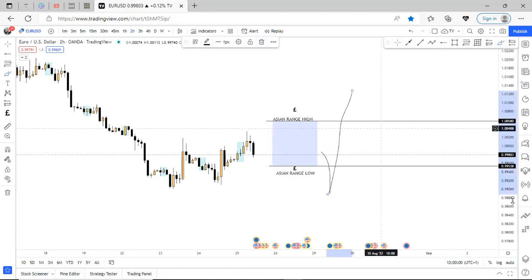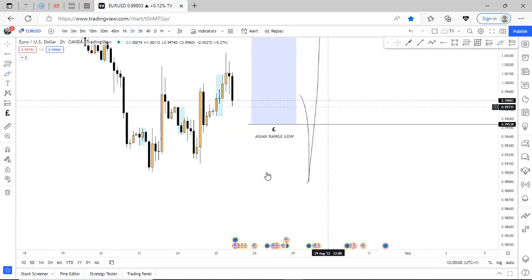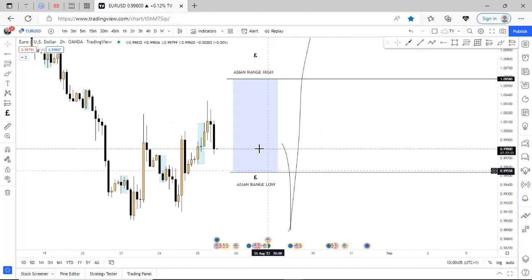There are times when I come to the chart and, let's take for example, I'm looking for a buy trade on this particular pair.